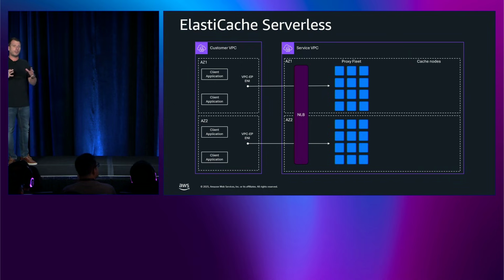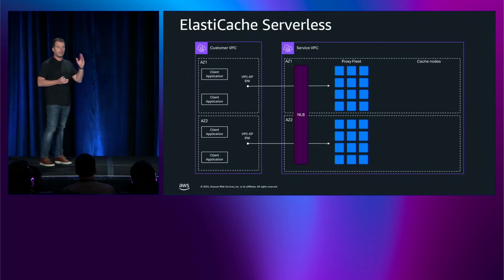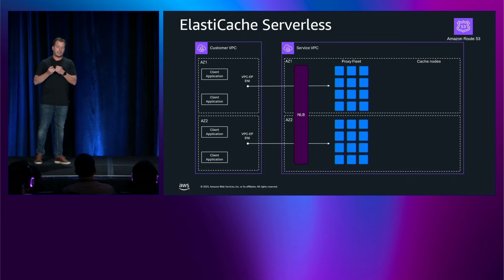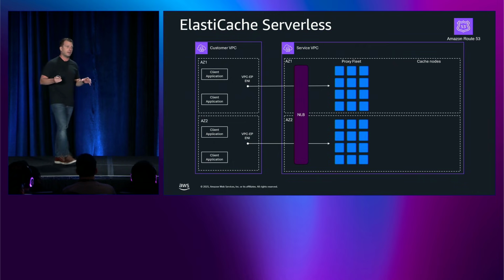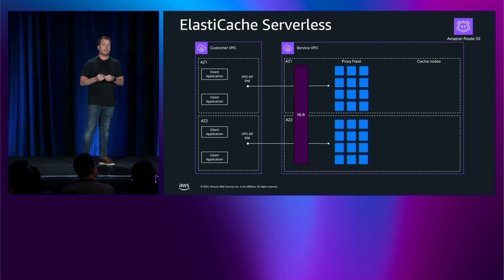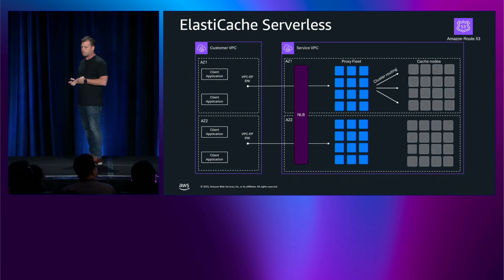But overall, the main job of the proxy is to route your request to the correct cache node. We also know to locate your local proxy that sits in the same availability zone so you can reach the minimum latency while you connect to ElastiCache serverless.